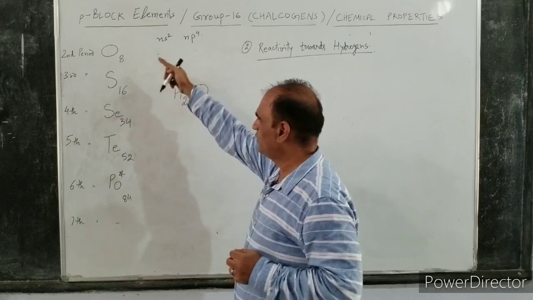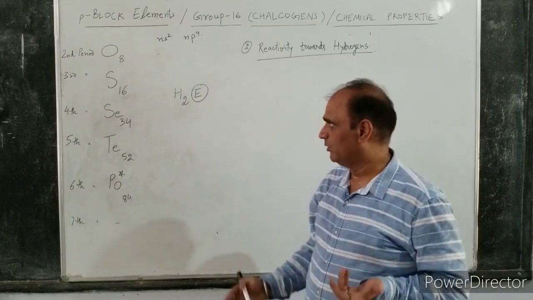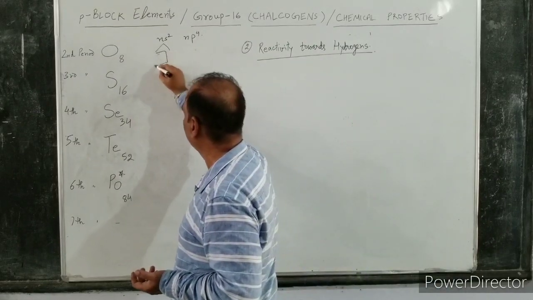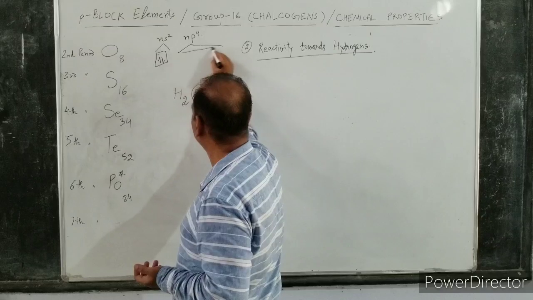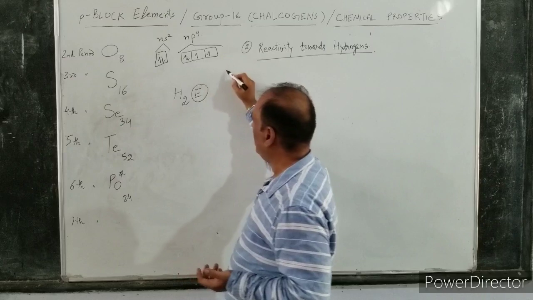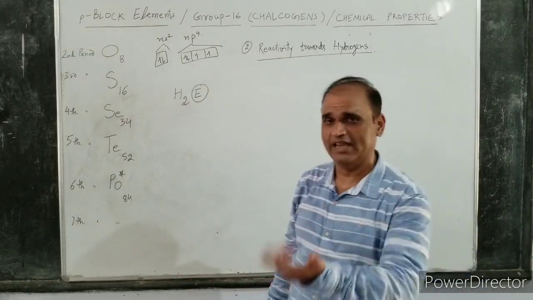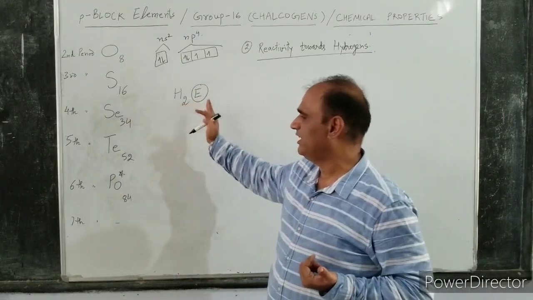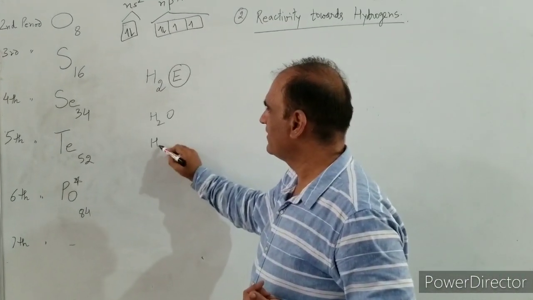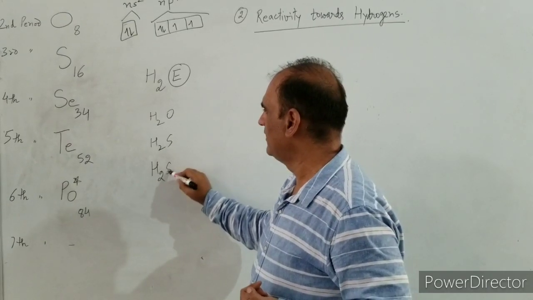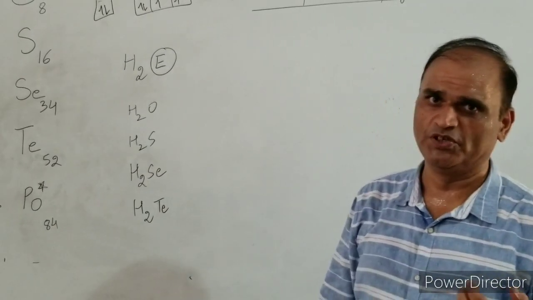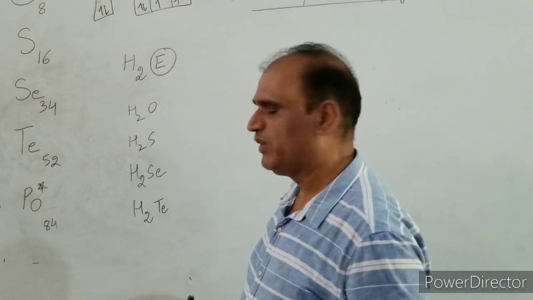E means one of these elements, plus 2 H. Because all these elements have 2 unpaired electrons, these 2 unpaired electrons are shared with H atoms, with one pair already paired. So the compound formed is H2E, which is called a hydride, like H2O, H2S, H2Se, H2Te, and H2Po of course, but Po is radioactive.